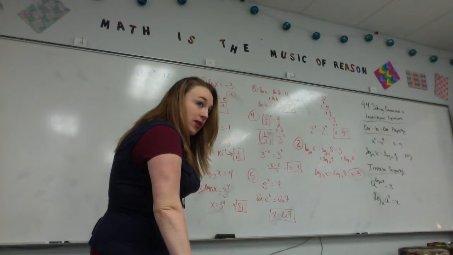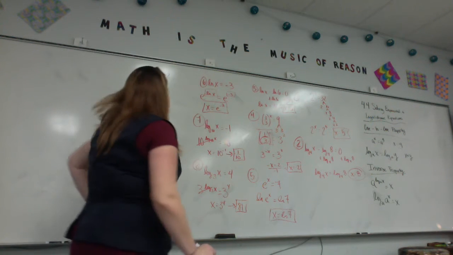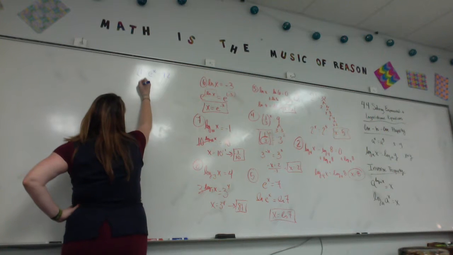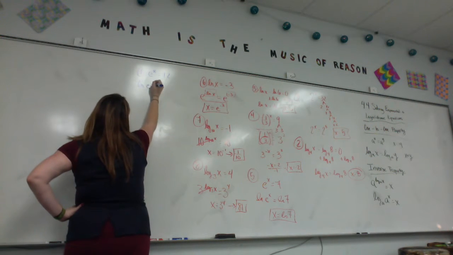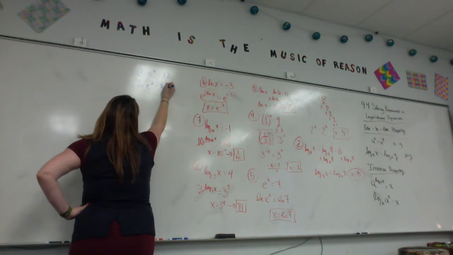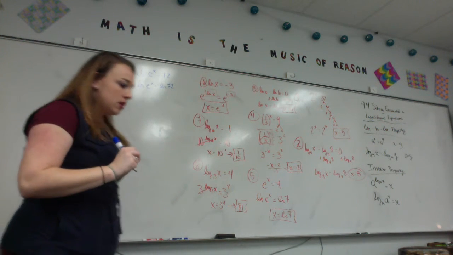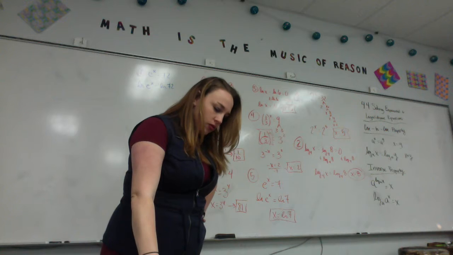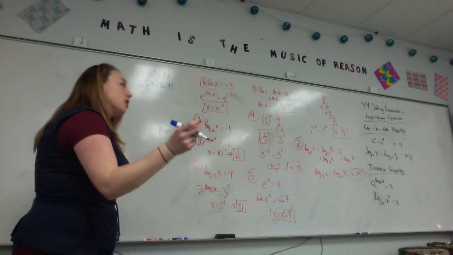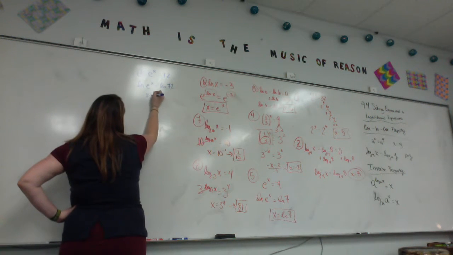I have to get rid of e, so natural log, which is what goes with e. So I have natural log of e to the x equals natural log of 72, and use the inverse, so x equals natural log of 72.